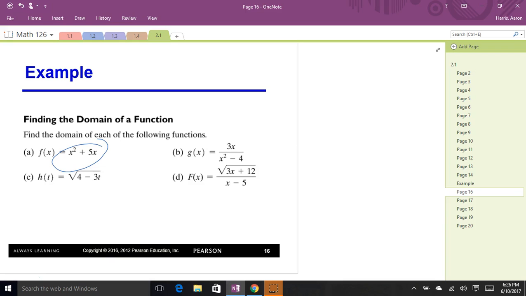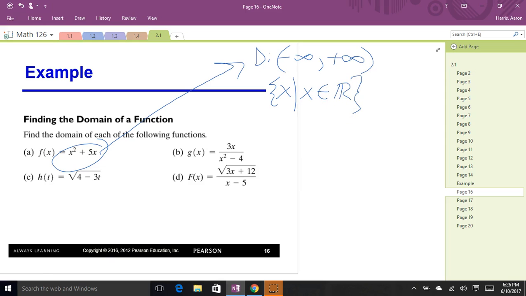So my domain for that is all real numbers. So the domain would be from negative infinity to positive infinity. You can also say that in set notation, x such that x is an element of all reals. I mean, so we have no restrictions.